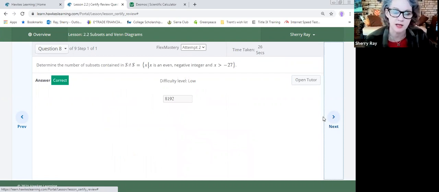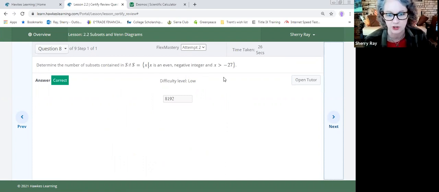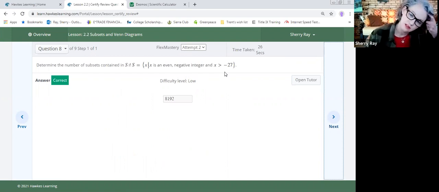Determine the number of subsets. We have an even negative integer where x is greater than or equal to negative 27. So let's see, we have negative 2, 4, 6, 8, 10, 12, 14, 16, 18, 20, 22, 24, 26.